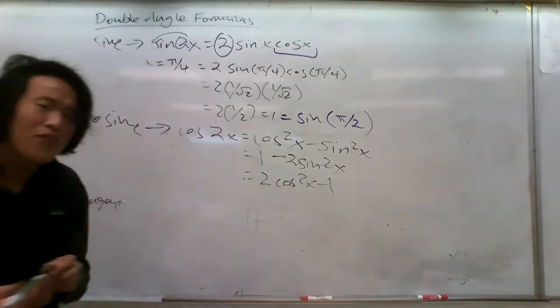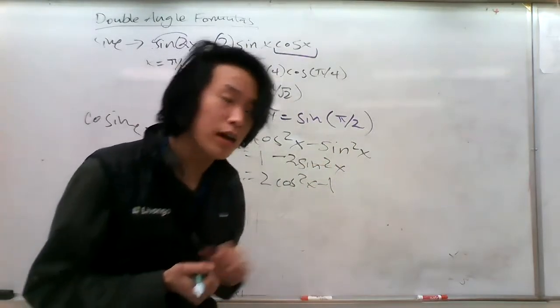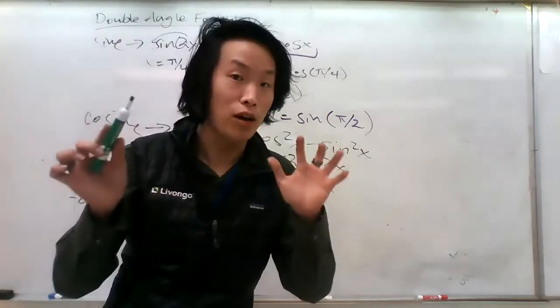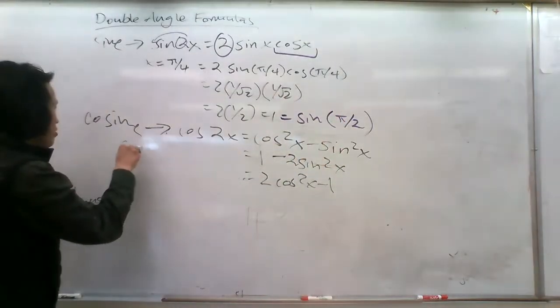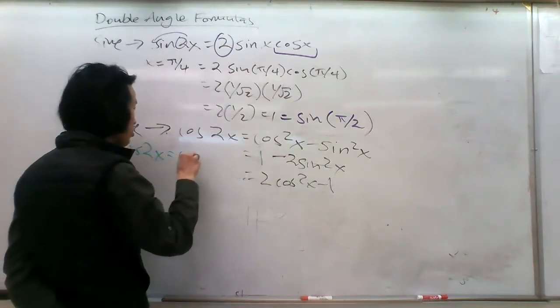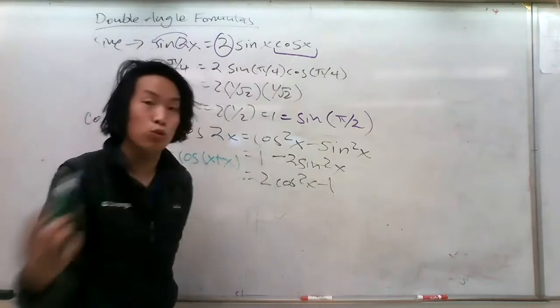Now what is the proof that it actually works? Well, we can also borrow that from the sum and difference properties of the cosine, right? So if we think about it, the cosine of 2 times an angle x is the cosine of an angle x plus another angle x, right? Just that angle x twice, right?